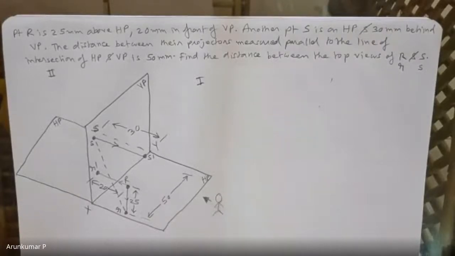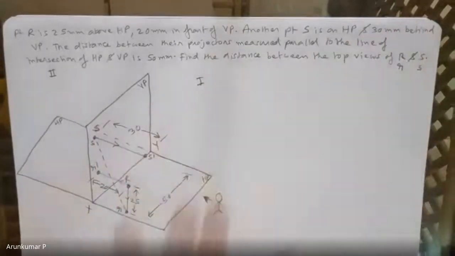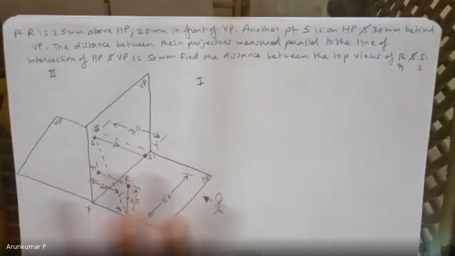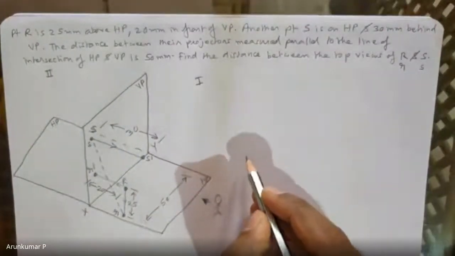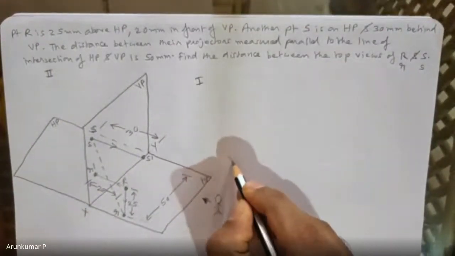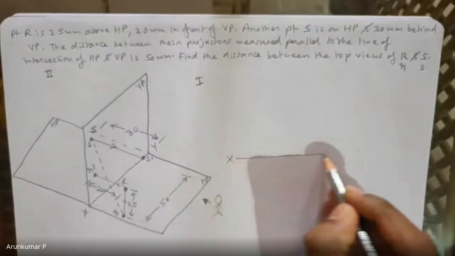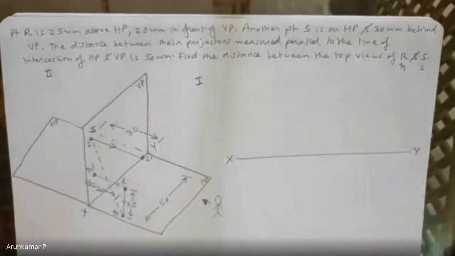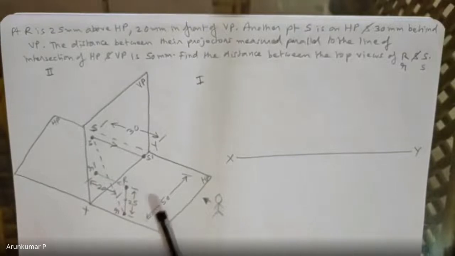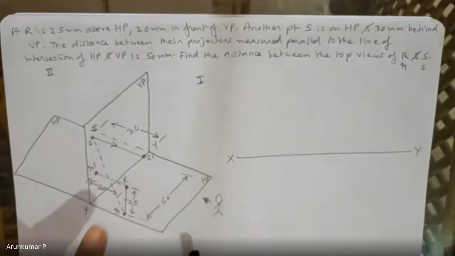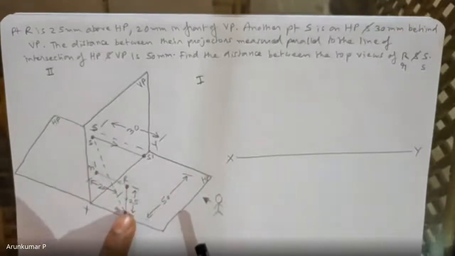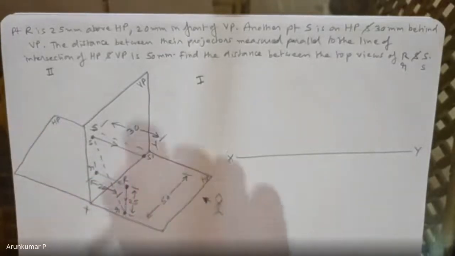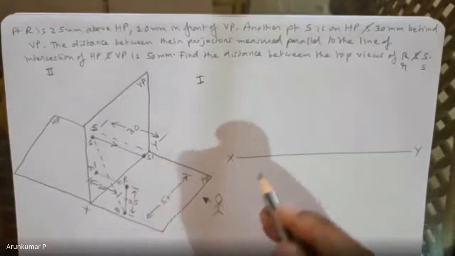Okay. It may look a bit complicated in 3D, but in 2D it is very simple. All you have to do is draw the XY line. First, draw the projection of R, that is R dash and R, in the first quadrant. So where is R dash?